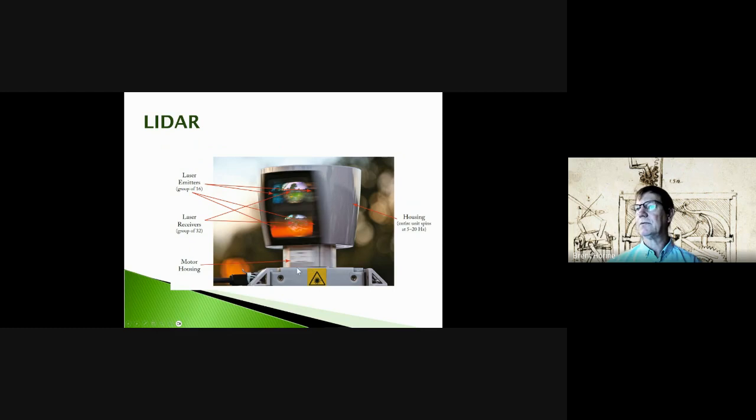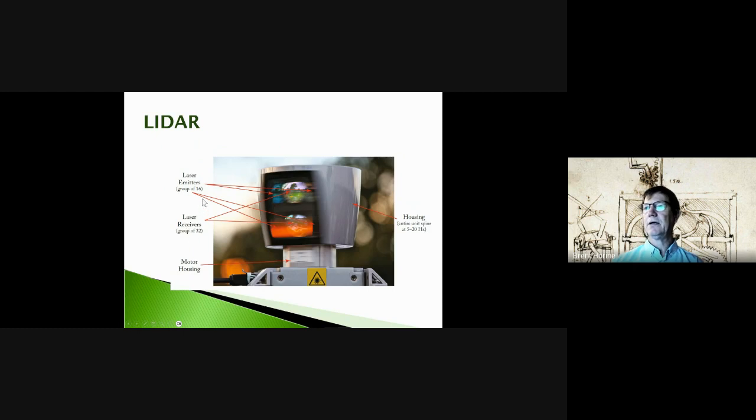All right, so here's a picture from your book. There's continuing evolution on these, and I think even maybe the company mentioned in your book might have been acquired, but it's an active field of development. Here we have lasers being emitted in some certain configuration, kind of out on the edges of this system.